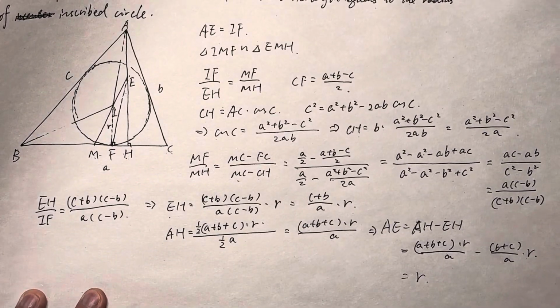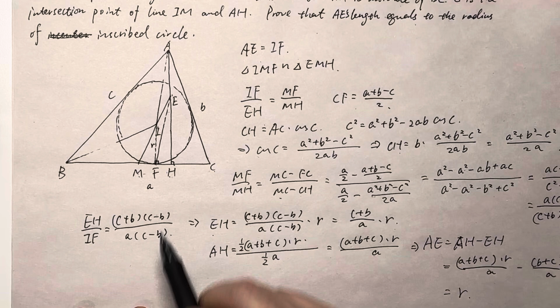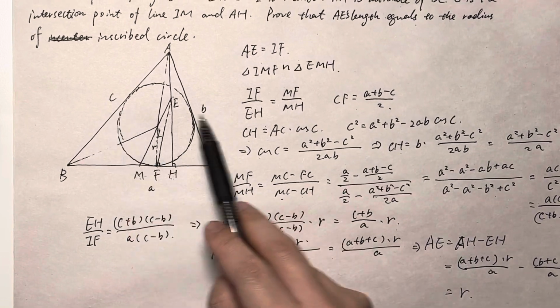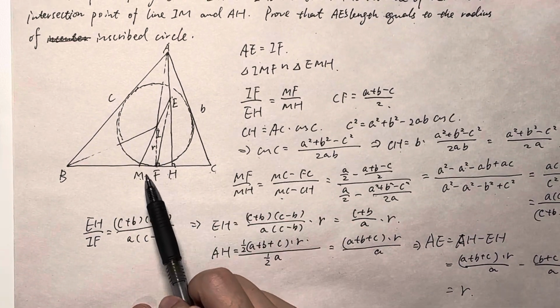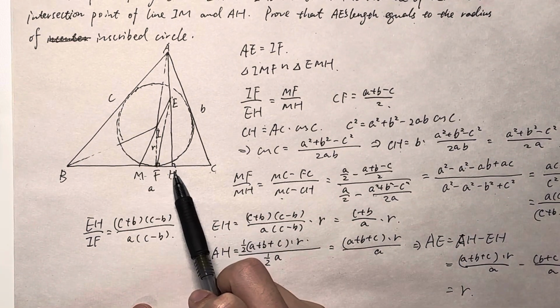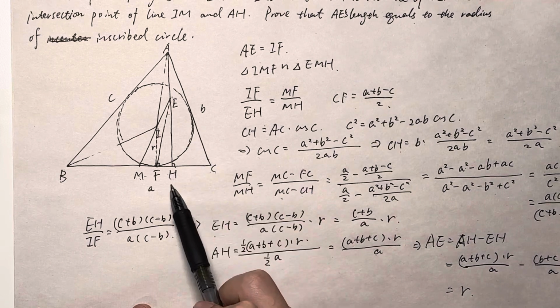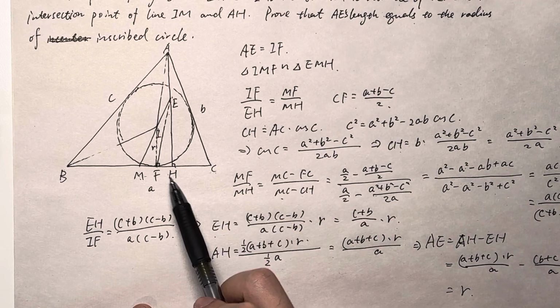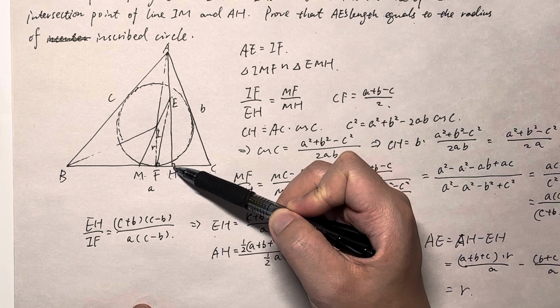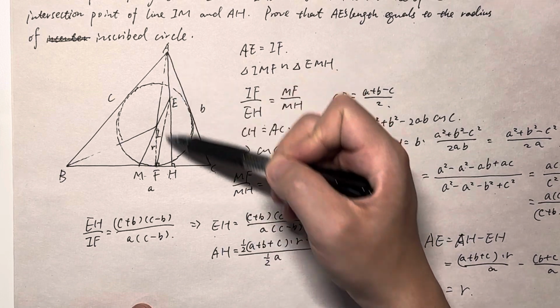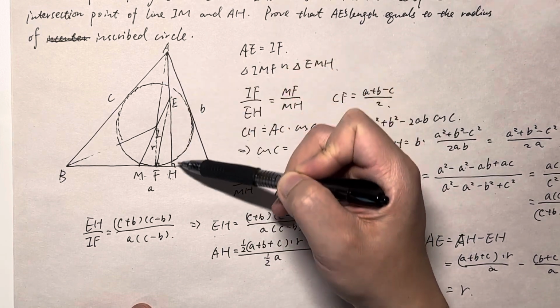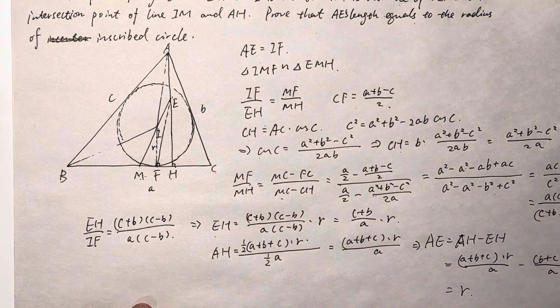Now let's look back at the case that c equals b. When c equals b, M and H are at the same point, which means we cannot get MI intersected with AH. So this is an invalid case for this problem.